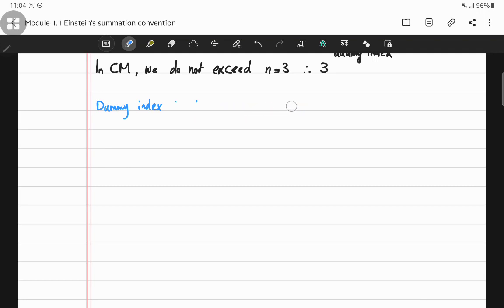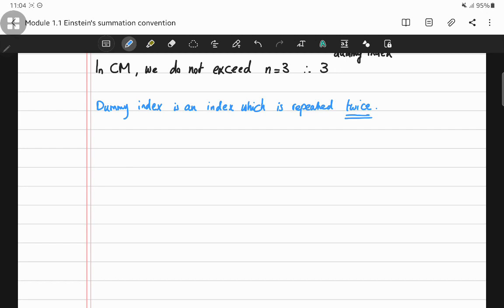Or let's rewrite this. A dummy index is an index, in the summation convention, which is repeated twice.